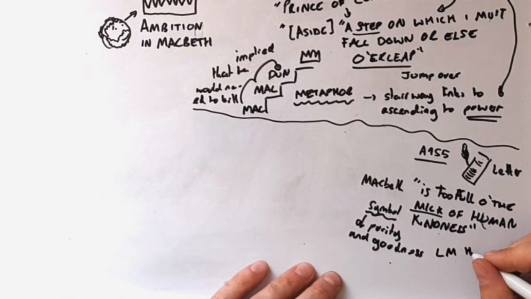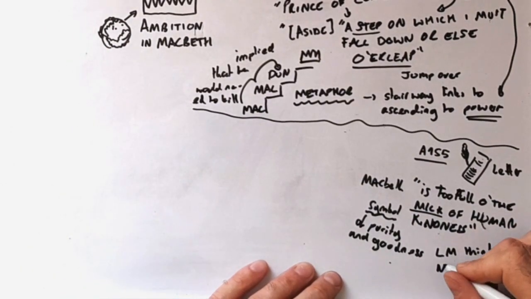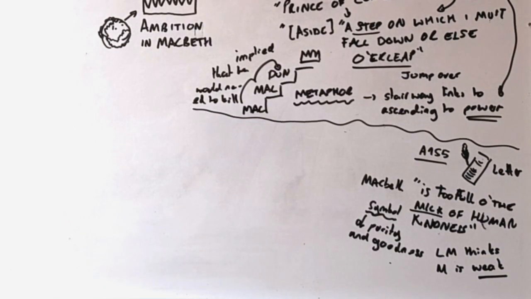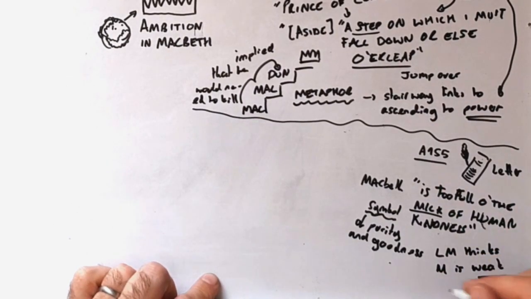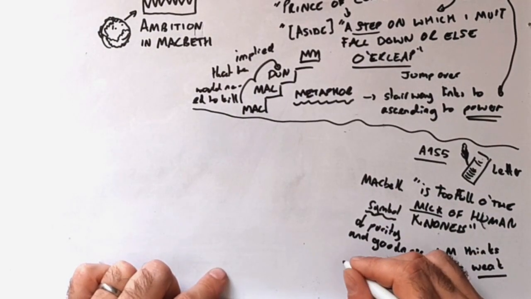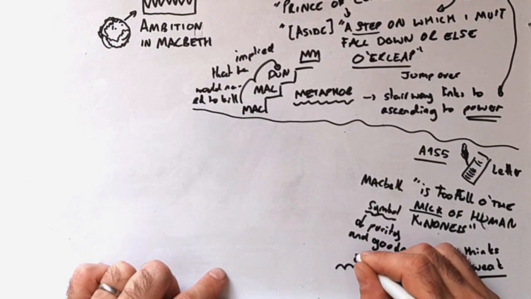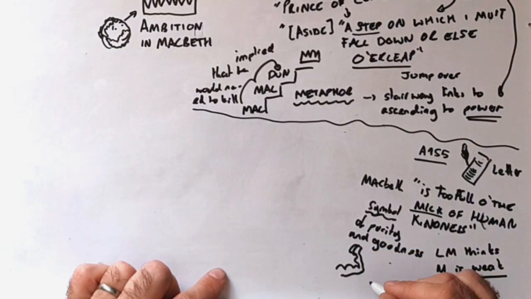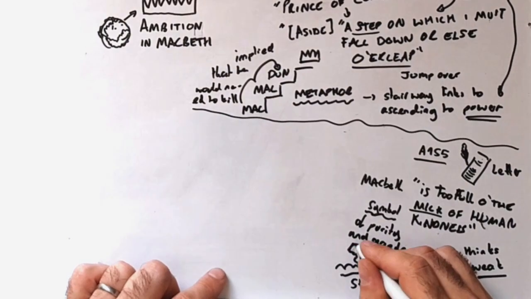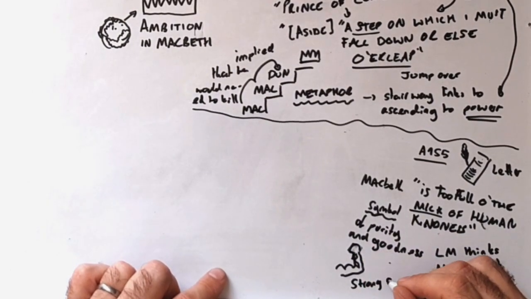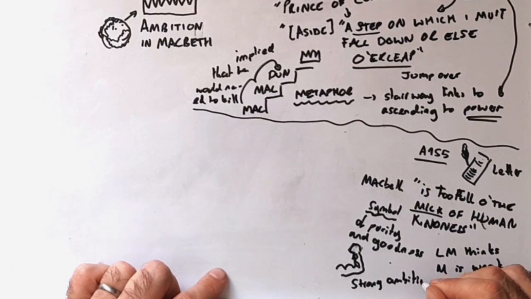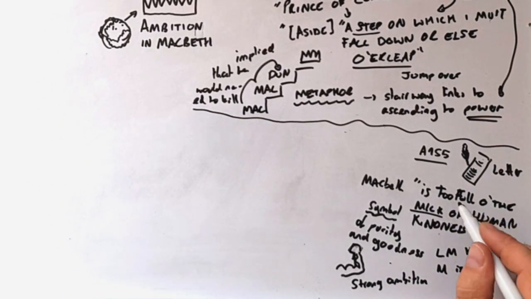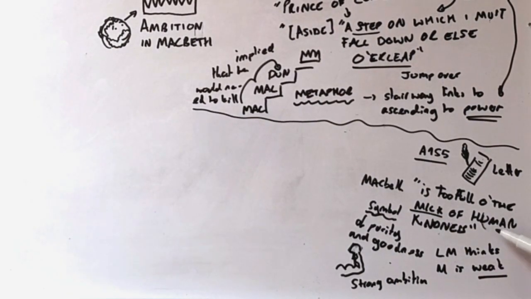LM thinks M is weak here. So it expresses her as powerful, and her doubt in him. So strong ambition. I might just draw a muscly arm. That's my best attempt at a muscly arm there. A strong ambition implied by this scene, through that symbol, or you could say metaphor, the milk of human kindness.